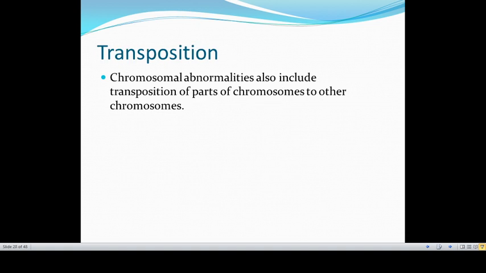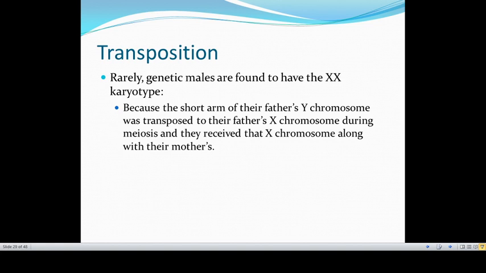Transposition. Chromosomal abnormalities also include transposition of parts of chromosomes to other chromosomes. Rarely, genetic males are found to have the XX karyotype because the short arm of their father's Y chromosome was transposed to their father's X chromosome during meiosis, and they received that X chromosome along with their mother's.